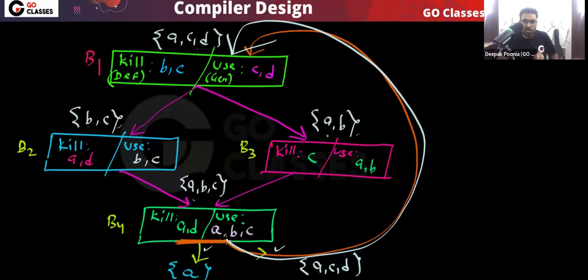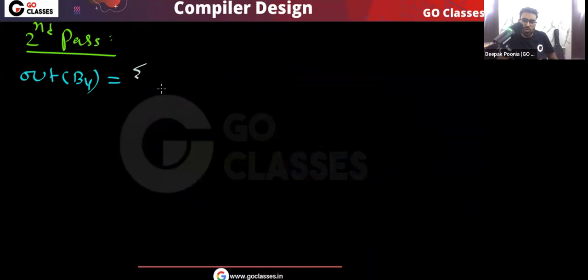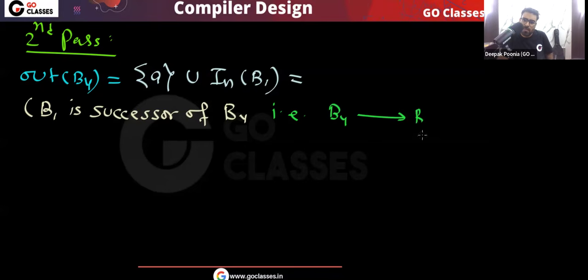At the entry point of B1, which variables are alive? That is ACD. Okay. So remember what we are going to do? We are going to do A union in of B1. Why? What is the reason? Because B1 is successor of B4. Yes or no? That means there is an edge from B4 to B1.